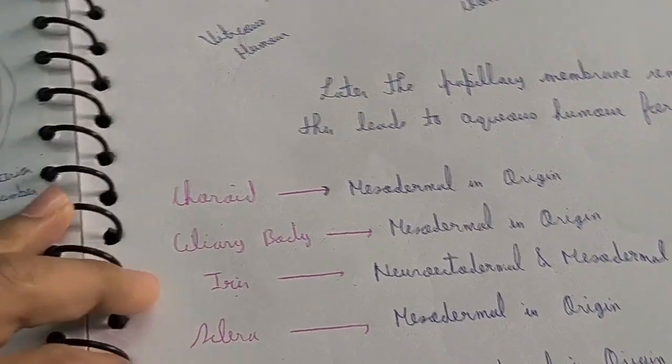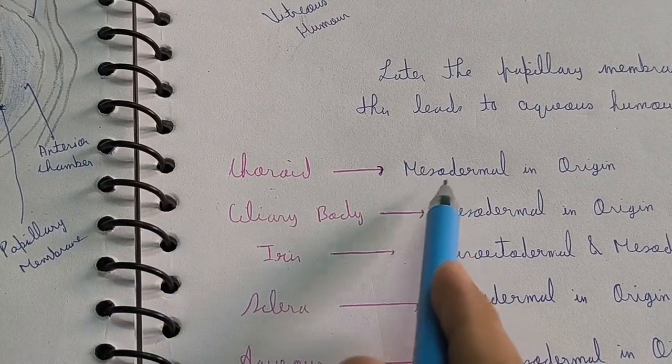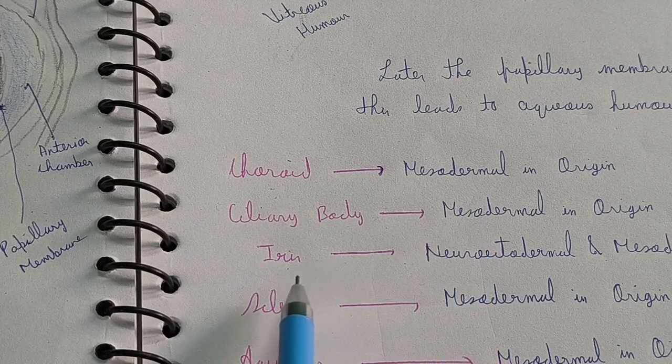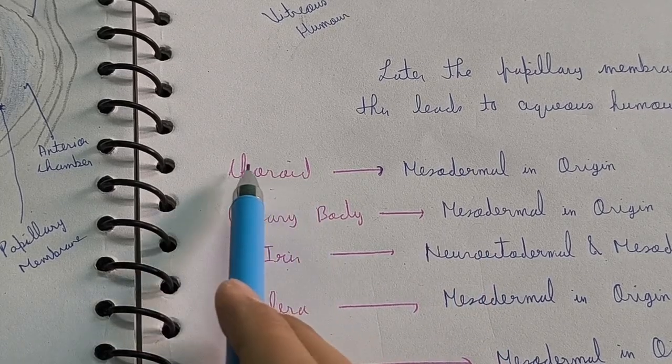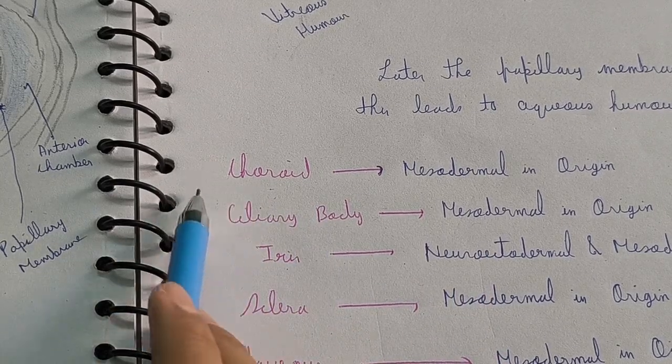So all those portions I have written: the choroid is mesodermal in origin, and the ciliary body is also mesodermal in origin because they are formed only from the inner mesenchyme.